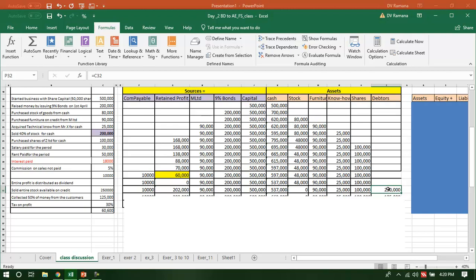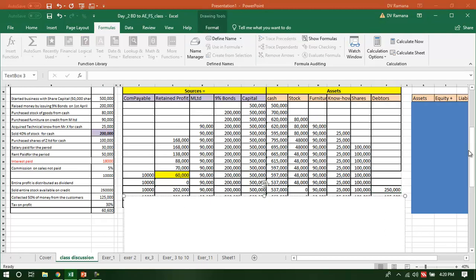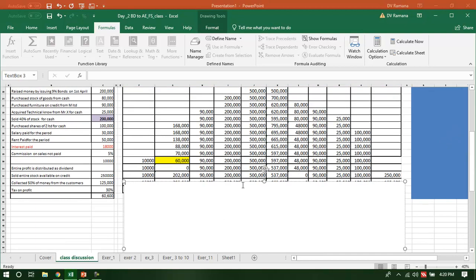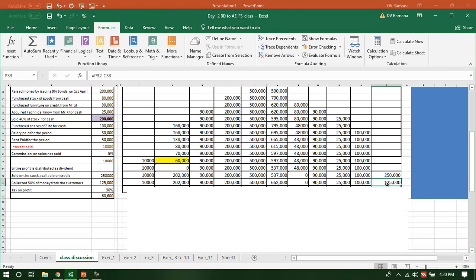What will happen when you collect this money, and what is its effect on the equation? If you collect money from the debtors, cash will increase and debtors will decrease. So suppose we collected 50% of the money due from the debtors. In that case, the debtors will reduce to 125,000 and cash will increase by 125,000.